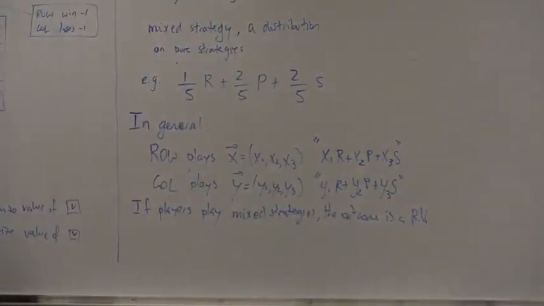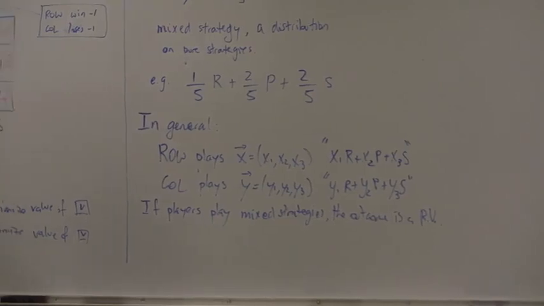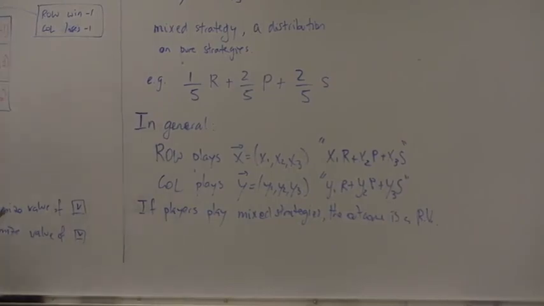This means that the player should care about some properties of this random variable. For example, the row player wants to find outcomes that have high value, and the column player wants to find outcomes that are of low value. But this is just a distribution.